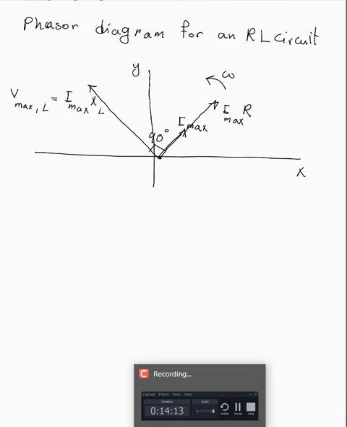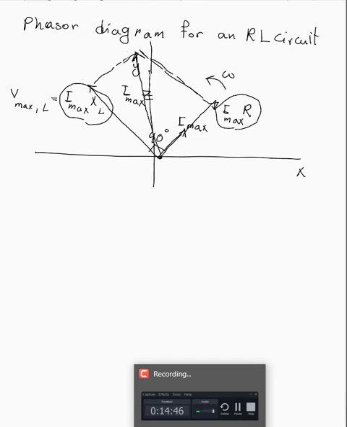Now we are dealing with two phasors here: the one for the voltage across the resistor, and the one for the inductor. My figure here is not as beautiful as your book, but if we do the vector summation, then this vector here is the total voltage, which is Imax times Z. So this is the total Vmax.